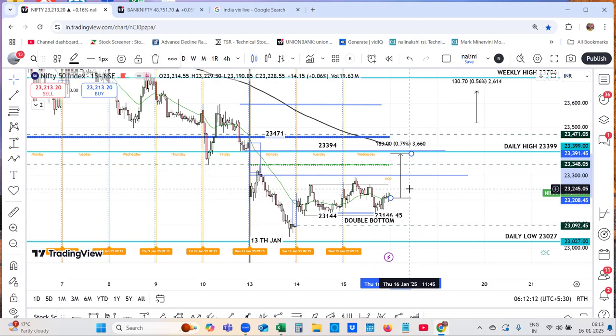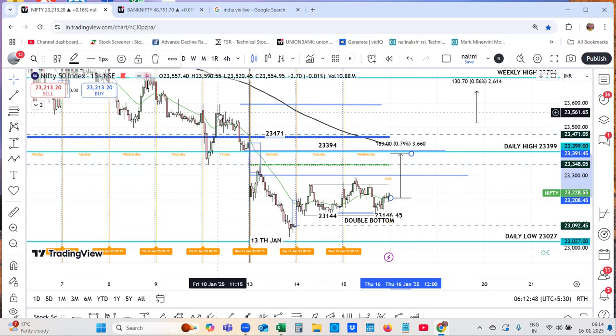Within 2 or 3 15-minute candles, that means within an hour, you will get a clear picture on the direction of the market for the intraday. Only then can you take a sensible trade. Otherwise, if you jump into the trade for the initial gap up, you will lose money.